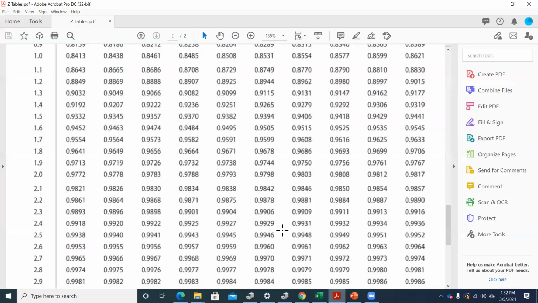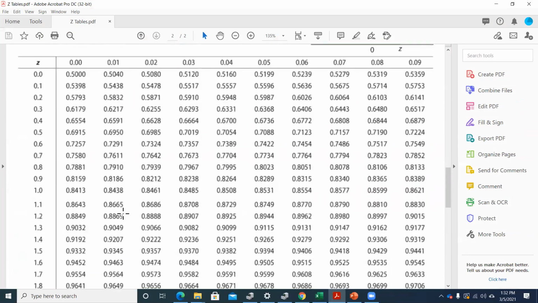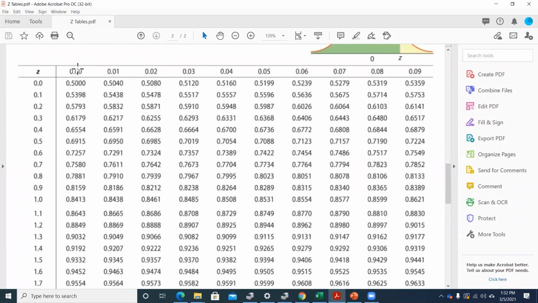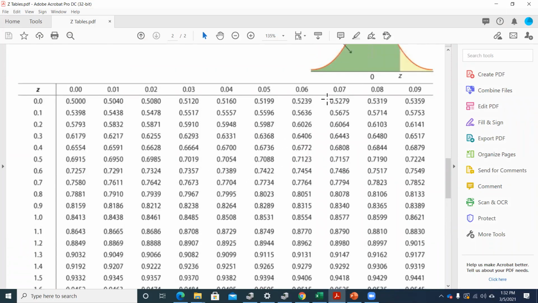Go to my table. I'm no longer going to use the row and column headings to look up a z-score, because I don't have one. The thing that I have is the area to the left, or the probability of seeing this certain z-score I don't know yet, or anything below it, and I know that's 0.9. So I'm going to hunt through here for what's closest to 0.9. Looks like it's these two values, so that's as close as I can get.